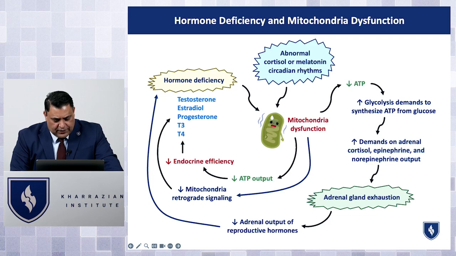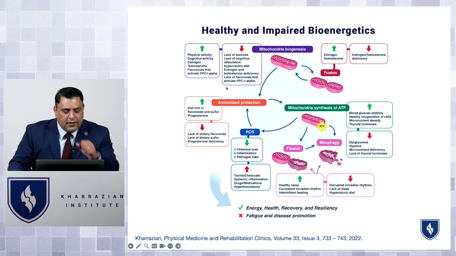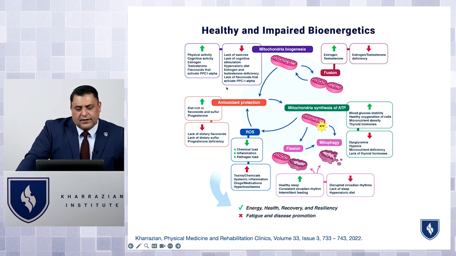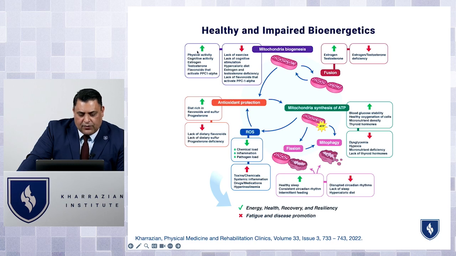When you look at mitochondrial functions, in addition to what hormones are necessary to allow them to function, the most important thing is physical activity. So physical activity, cognitive activity, all the things you see in green are really necessary for mitochondrial function.